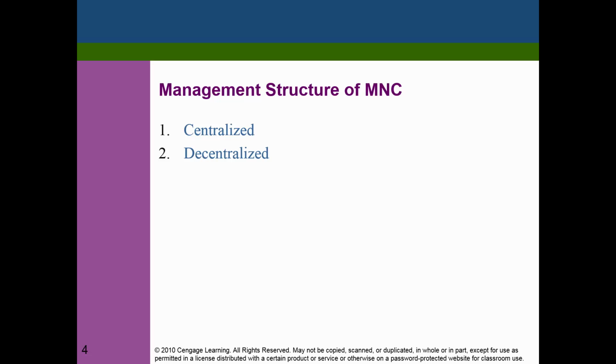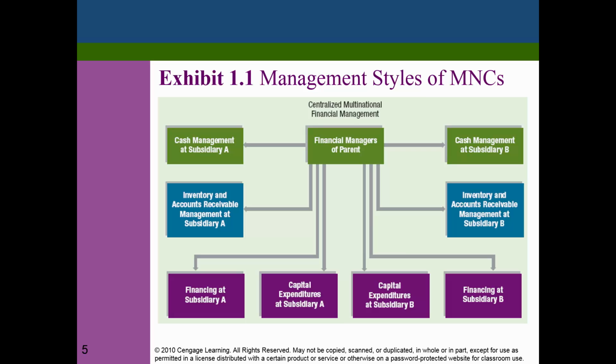Now, let's talk about the way you do business, whether you have a centralized management or whether you have a decentralized management. So Exhibit 1.1 here talks about a company that has a very centralized management. Now, the main functions of a company, when you look at the financial functions, are the cash management.